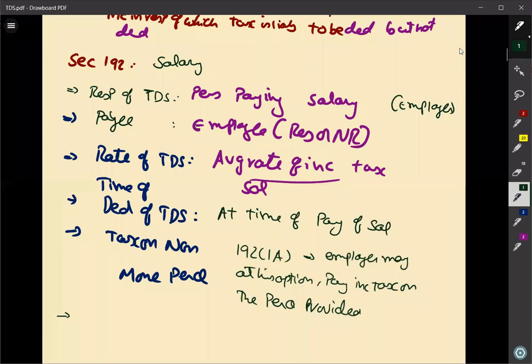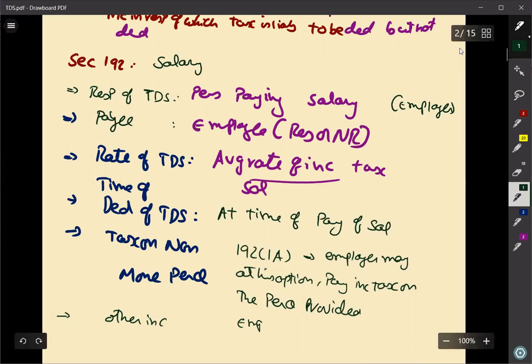Say along with the salary, the employee may have some other income. The employee has a house, and he has some income from house property. So ultimately the employee should provide information regarding the other income also.